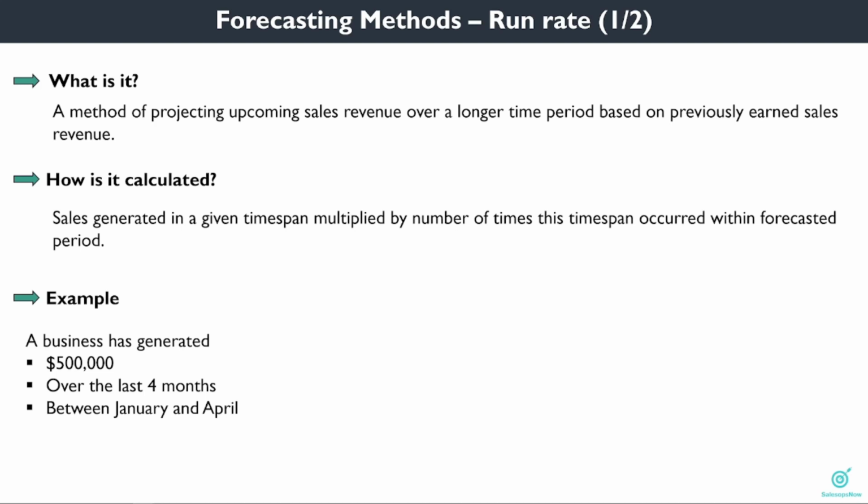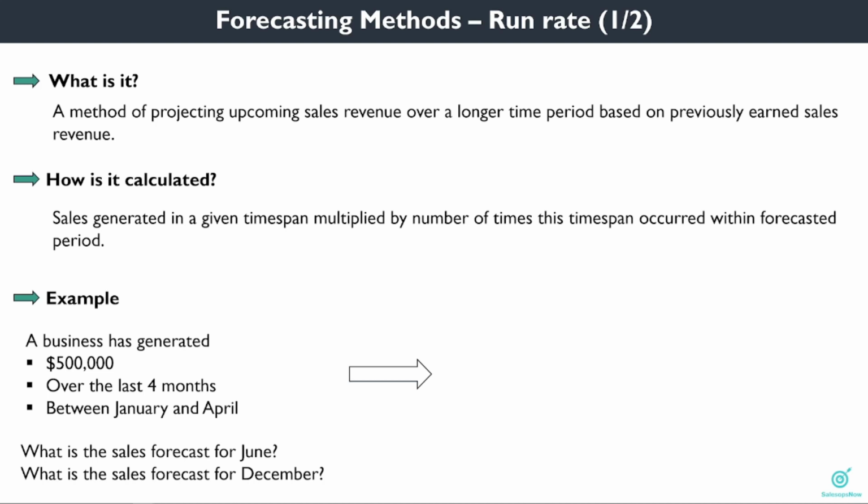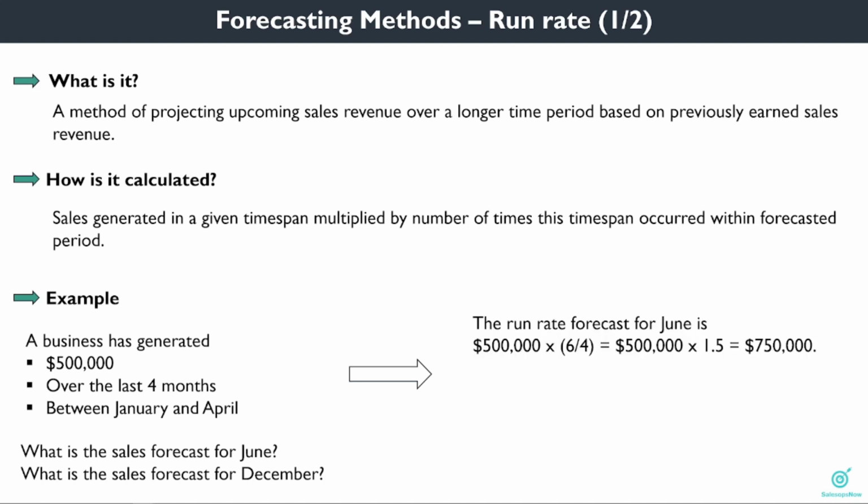You are tasked to forecast sales revenue by end of June and by end of year based on this figure. The run rate forecast for June is 500,000 multiplied by 6/4, which is 500,000 multiplied by 1.5, which results in 750,000 in sales forecast by the end of June.